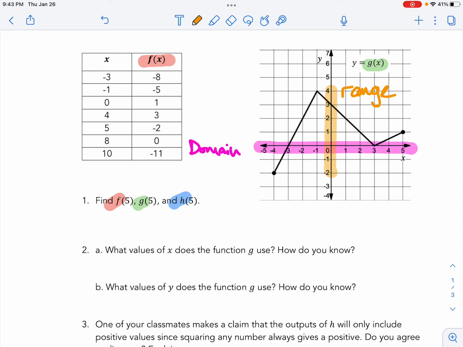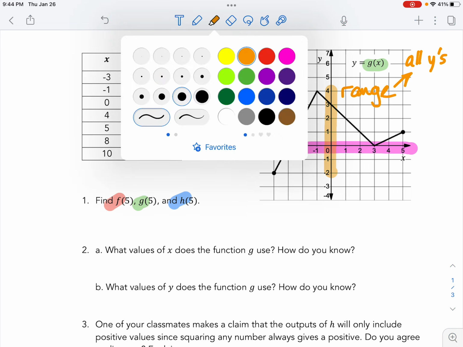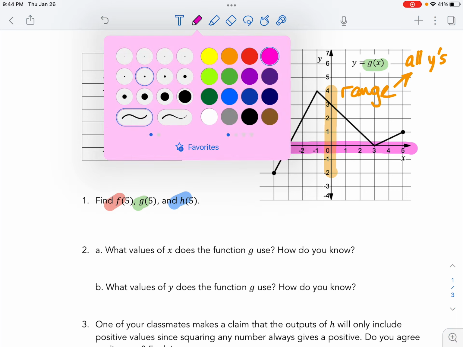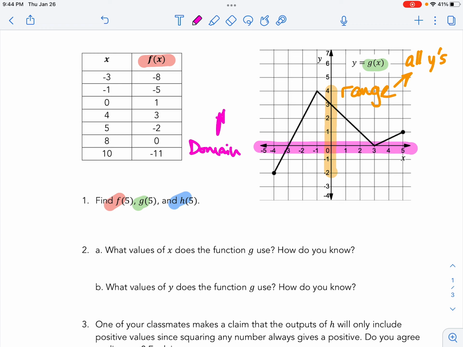So domain and range is a way to come up with some phrasing. For the range, that would be all of our y values. And domain is a phrase that we talk about. Let's backtrack there, use a different pen. And domain is all of our x values. So just a different way to group things up.